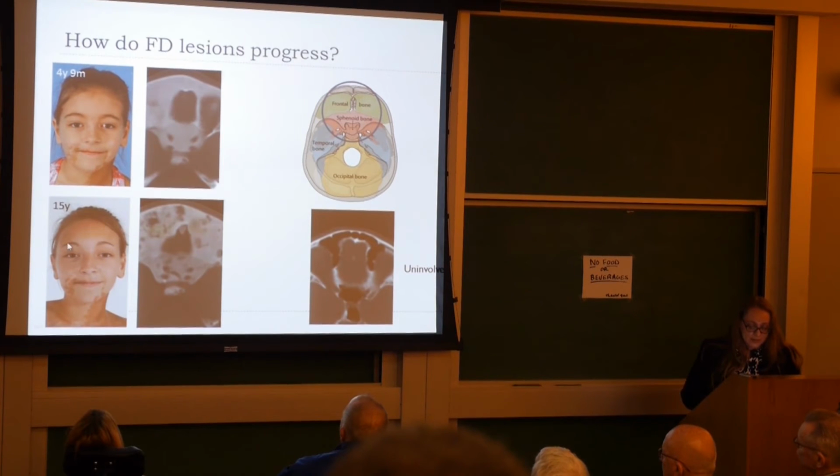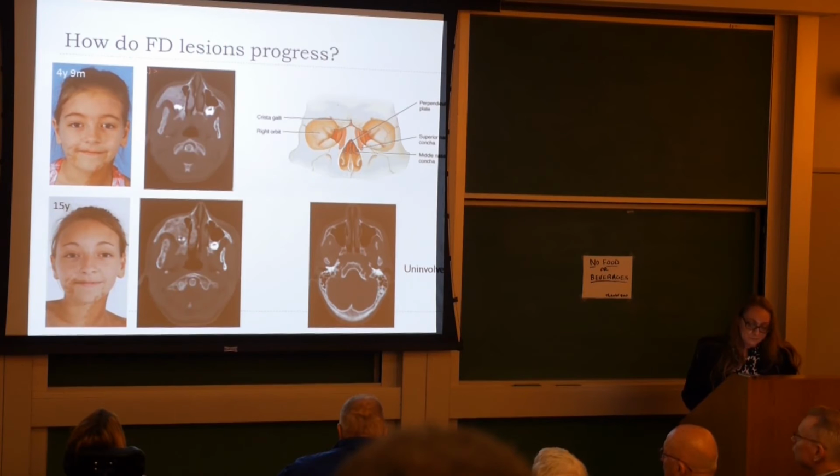But it's important to point out that if you look at her over the almost 11-year time span, her facial proportions are not changing. Despite the fact that the lesion is changing, she actually looks fairly normal.